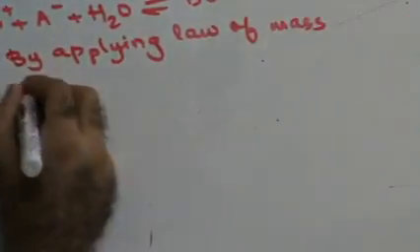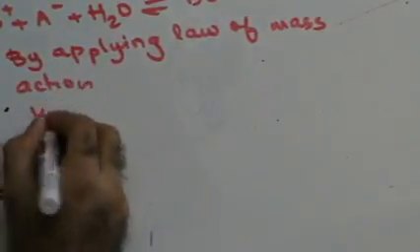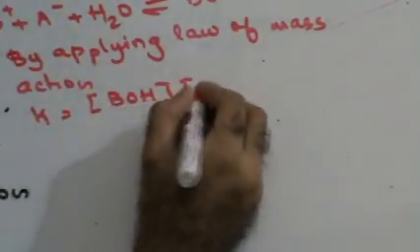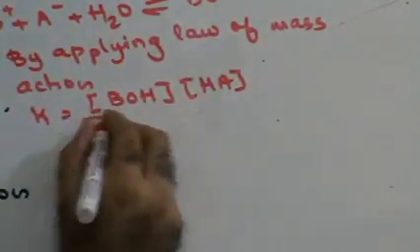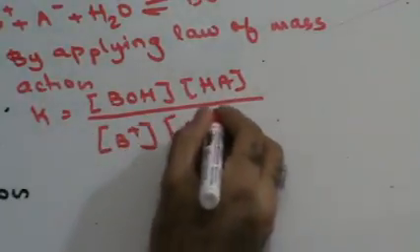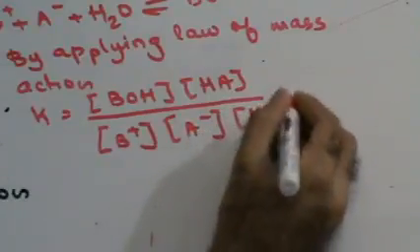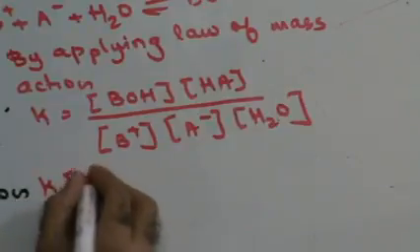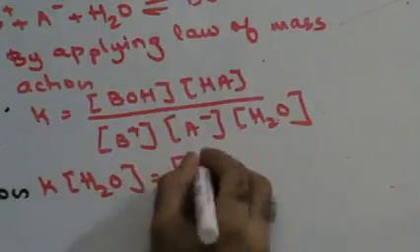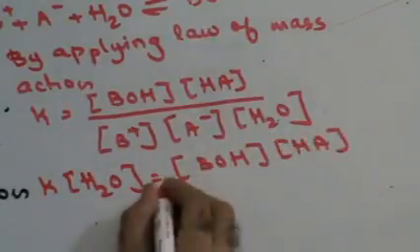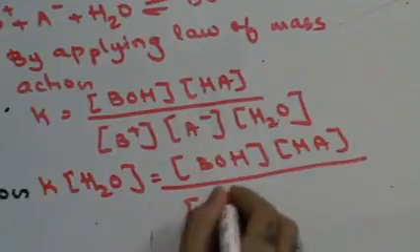I can say that dissociation constant is active mass of the product, that is BOH into HA upon B plus A minus into H2O. Cross multiply, H2O goes on the other side, so K into H2O will give you BOH into HA upon B plus into A minus.